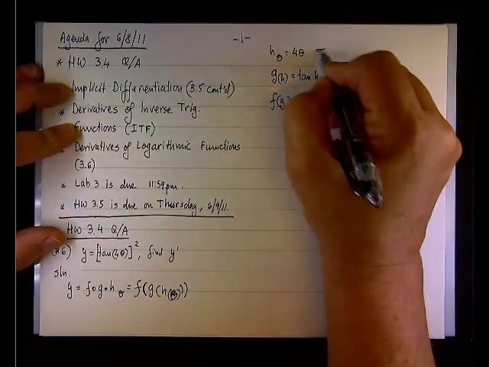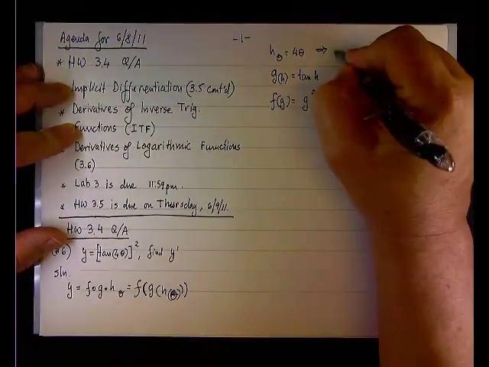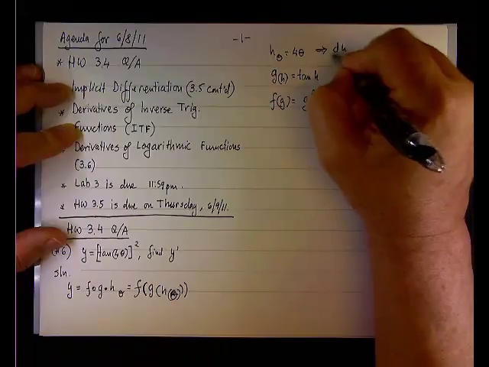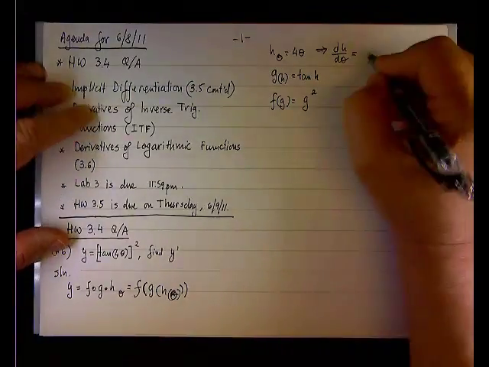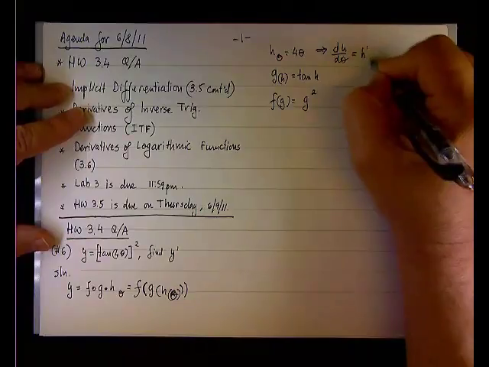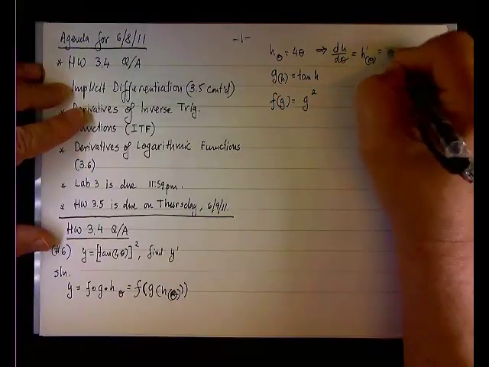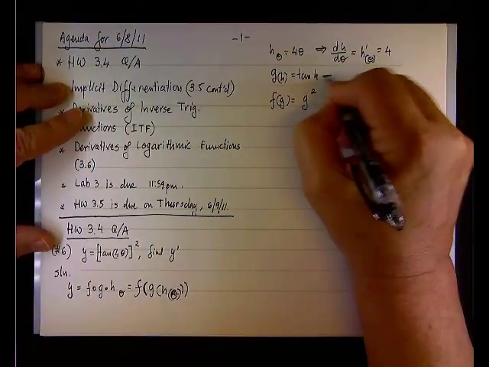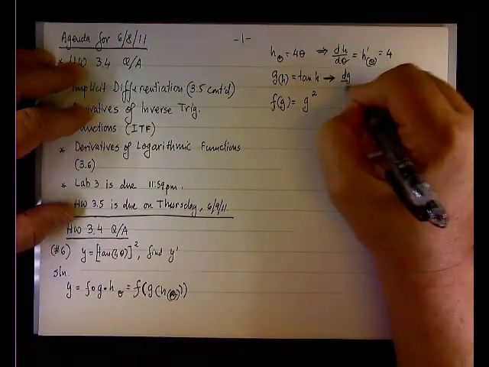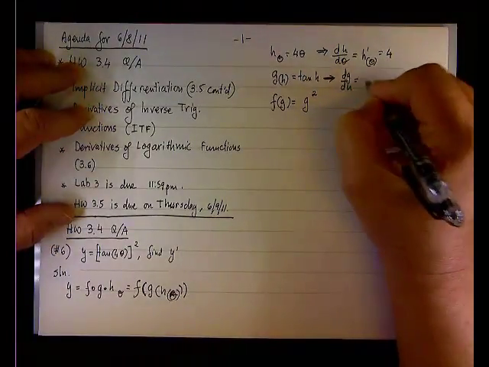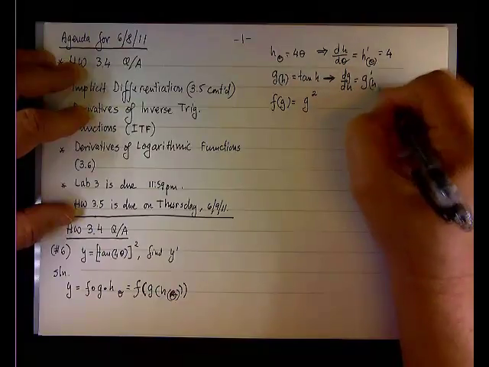So the derivative dh d theta, actually I can use the prime notation here, h prime of theta, like so, will be simply 4. And dg dh, or I can write it as g prime of h.